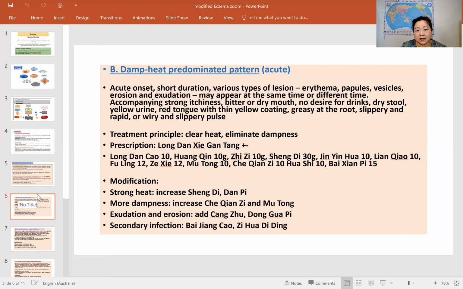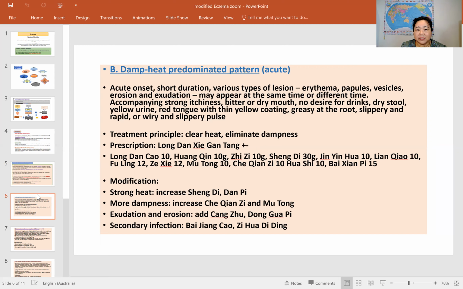For the strong heat, we can increase 生地黄、牡丹皮. Very often Chinese medicine practitioners call them 生地丹皮. It's a simple version. With more dampness, you can increase 车前子 and 木通.